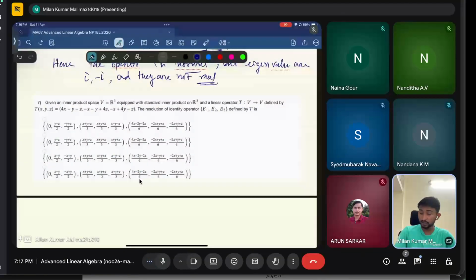They are orthogonal projections in some sense, and then I has to be equal to E1 plus E2 plus E3. Okay. So what is the resolution of identity?